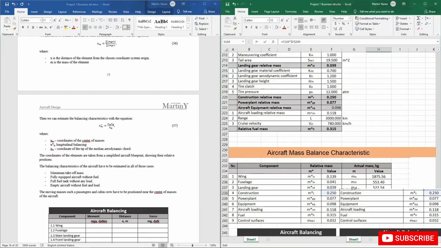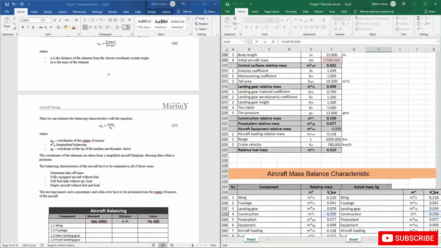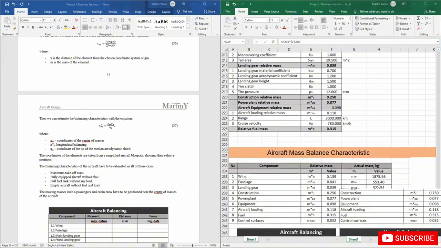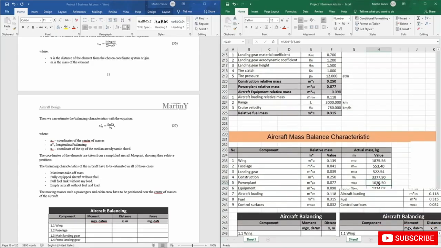And if we just have a look at this one, it uses the relative mass here, but it uses also the initial aircraft mass here. So that's it, guys. We estimated all the masses, and now I'm gonna sum all the real masses that we estimated, and let's see how much is the total mass of the aircraft having all these masses here.